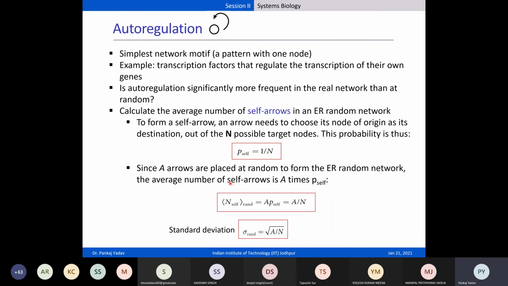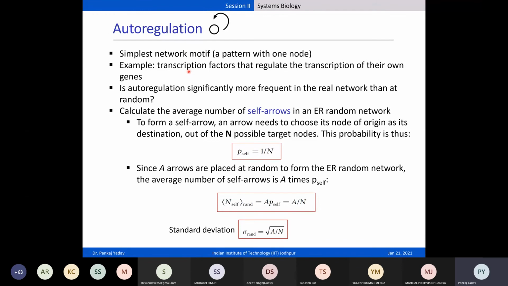And so I was talking about this autoregulation. Let's take an example of how we can detect autoregulation with the help of random networks. Suppose you have this simplest network motif, as I said. Autoregulation is the simplest network motif.